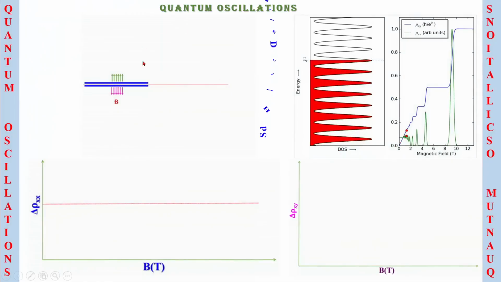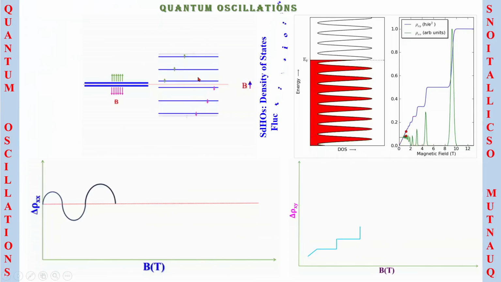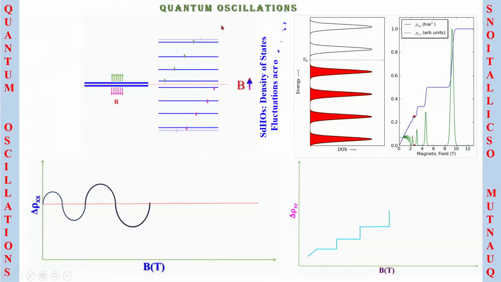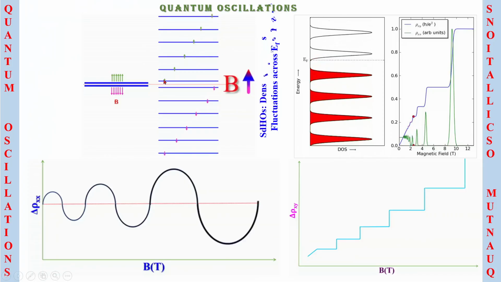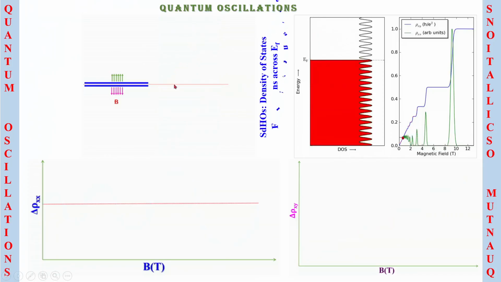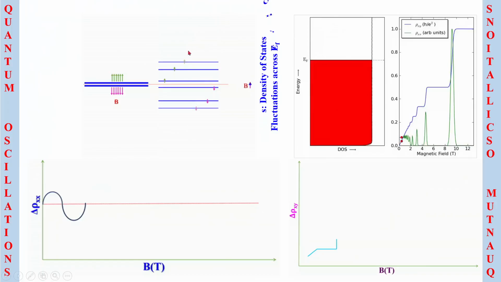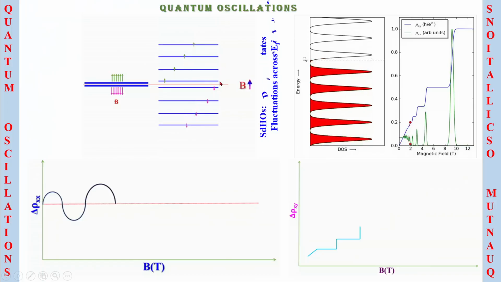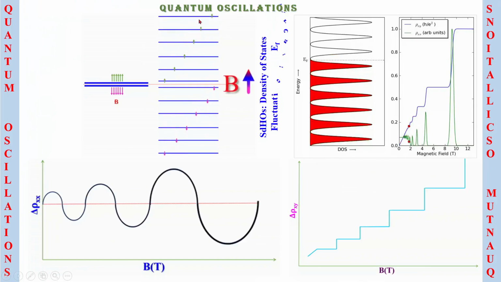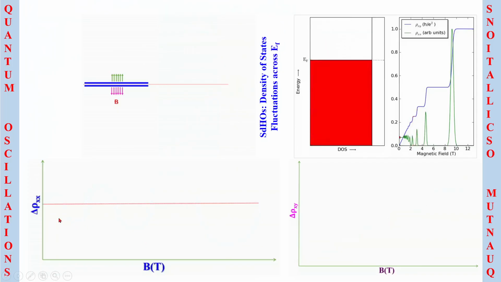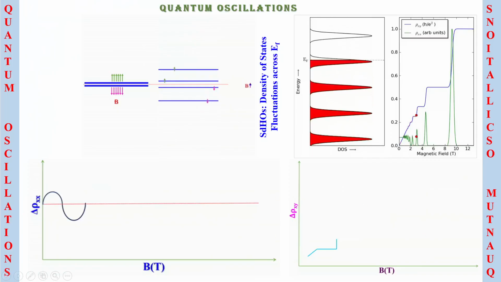The continuous oscillations are shown here. These are the energy states. These are the quantized energy states with the particular Landau levels. These energy states are the same, and the electron can go from these states to these states. Because these are a particular value of the Landau level, the electron can go from here to there, and this shows the quantum oscillations in the longitudinal resistivity, which is the magnetoresistivity.